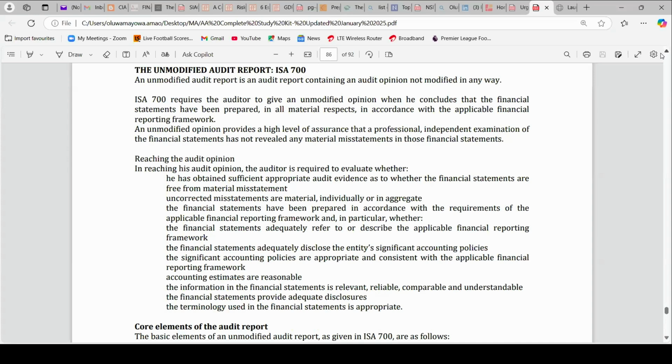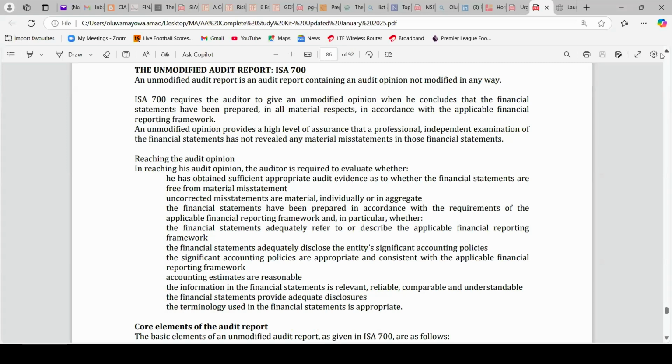An unmodified audit report is an audit report containing an audit opinion not modified in any way, either by changing the unmodified to a qualified opinion, adverse opinion, or a disclaimer of opinion. What we are saying is that in this report, there is no modification of any sort by the auditor.